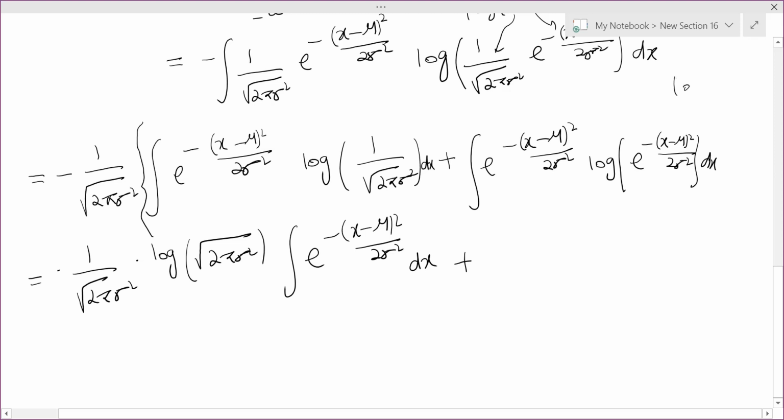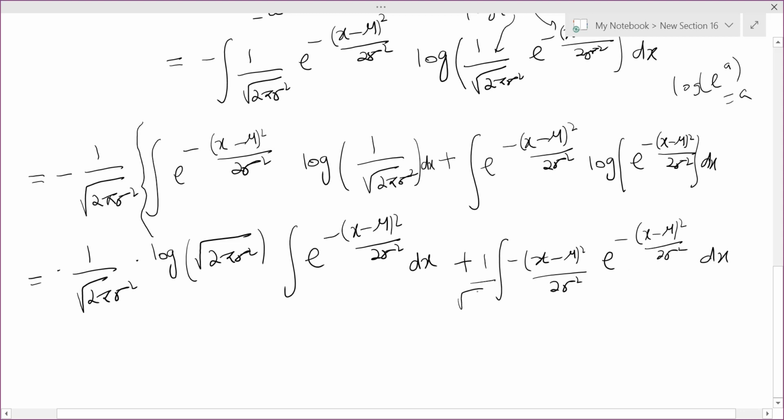Now what is log of e to the power a? This is simply a. So this part will be integral of minus x minus mu square divided by 2 sigma square times e to the power minus x minus mu square divided by 2 sigma square dx, with 1 over root 2 pi sigma square. Now see the first observation.